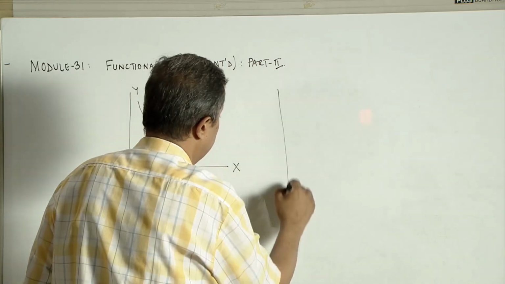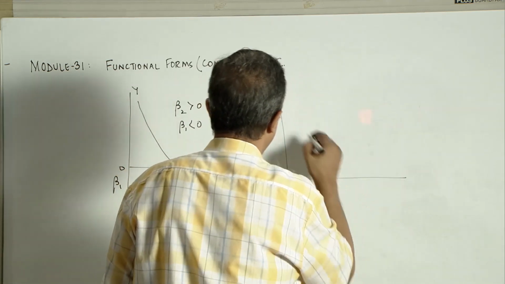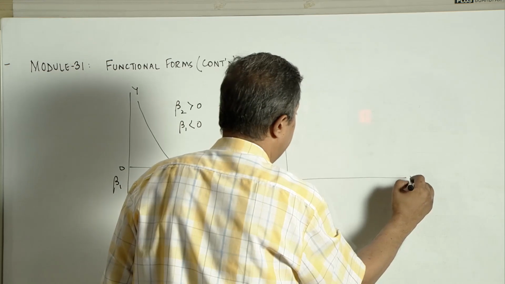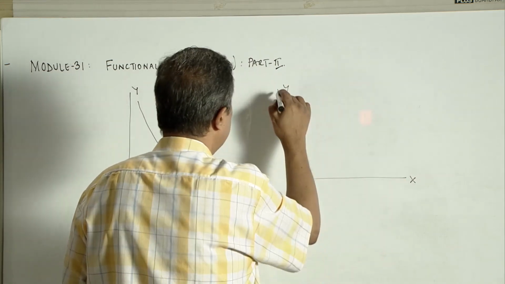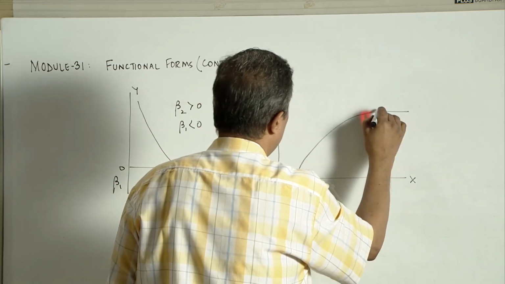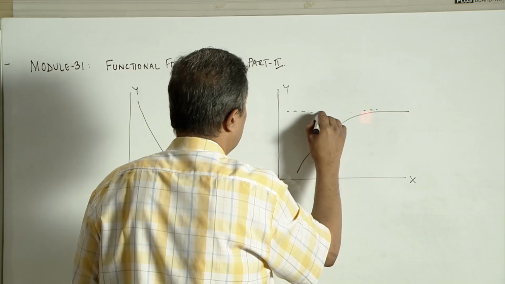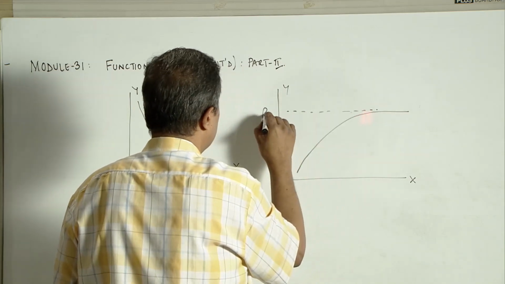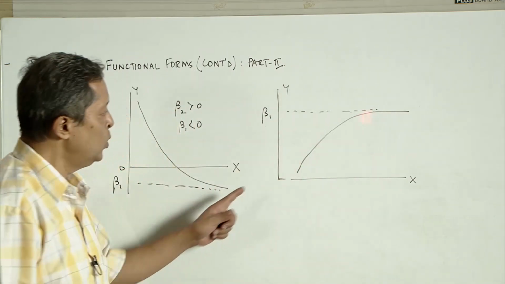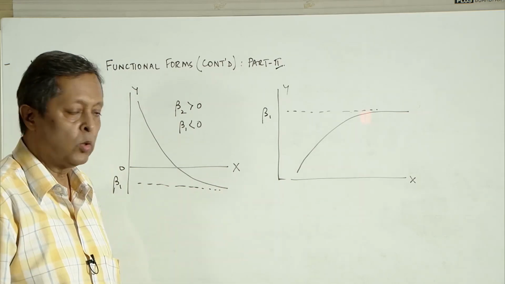Another possibility is where we have beta 2 to be negative. So, this is y and x, and if beta 2 itself is negative, then the relation asymptotes to beta 1, which is positive, but the graph looks a bit different. So, these are two other examples of reciprocal model.